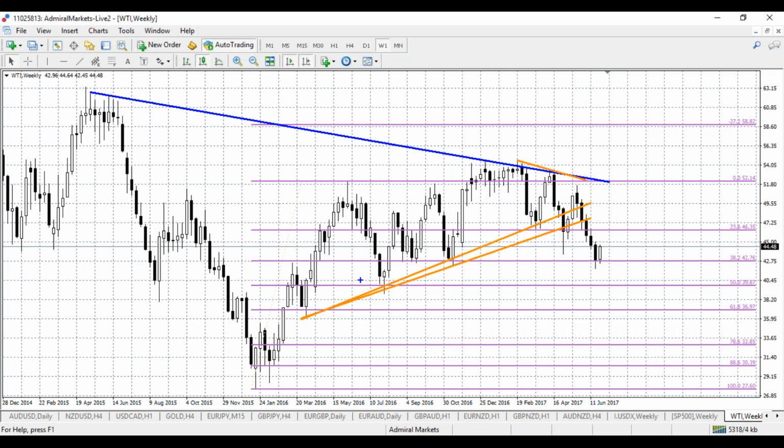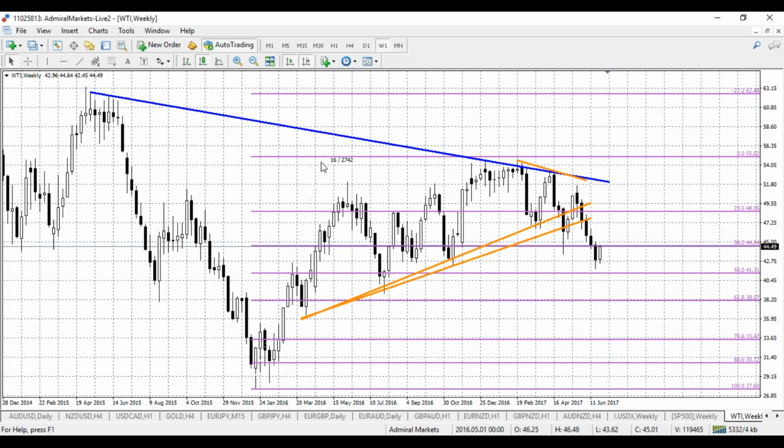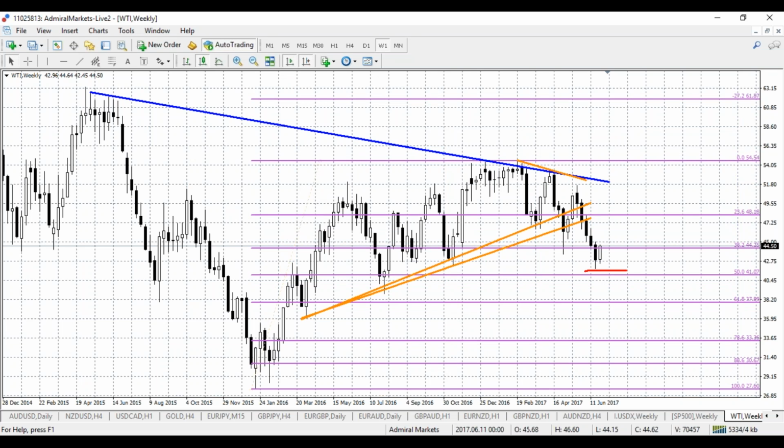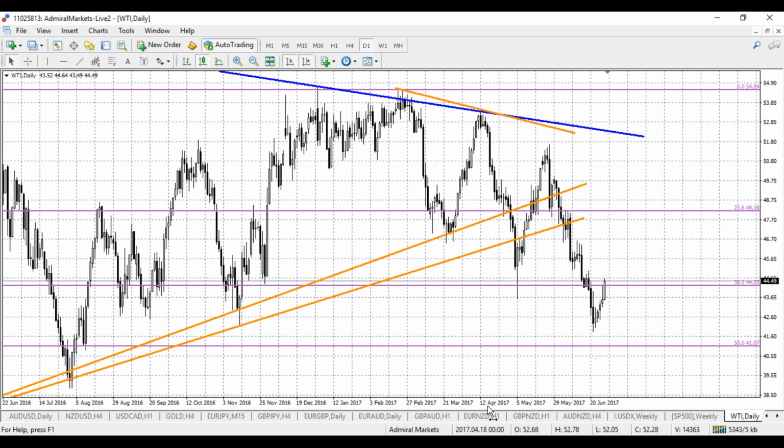The wave C could, if this is an ABC correction, well, this could be a wave 5 too. So let's be conservative and put the fib like this. In this case, price missed the fib a bit. Could be a 50 bounce.